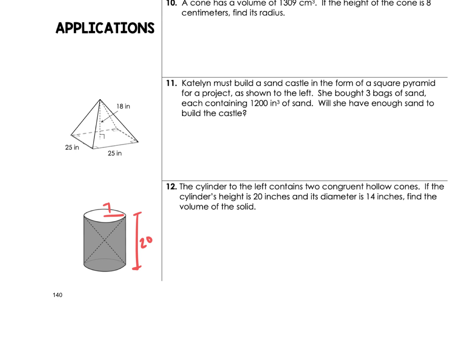So I'm going to do the cylinder minus what? 2 cones. Very good. So cylinder minus 2 times the volume of 1 cone, because there's 2 cones and they're the same shape.